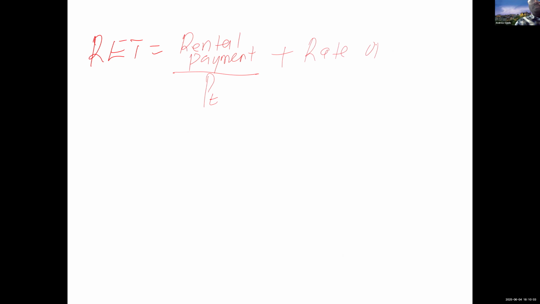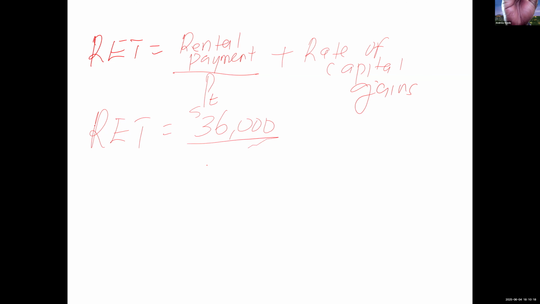So what about the return on this investment? Return has got two component parts. You're going to take the rental payments that you receive from this house when you rented it out for the year, expressed as a percentage of the house purchase price, plus the rate of capital gain, which we already found to be 10%. So your return on this investment is going to be: rental payment was $36,000, but you have to express that as a share percentage of the house purchase value, which was $500,000, plus the 10% here.